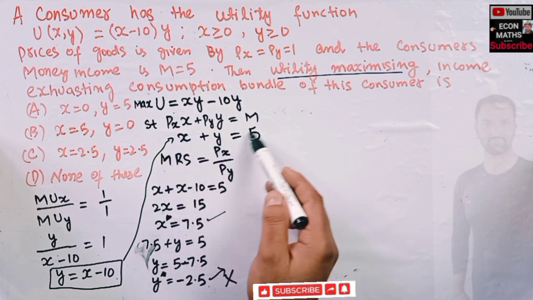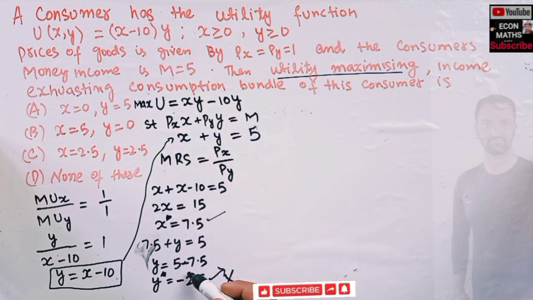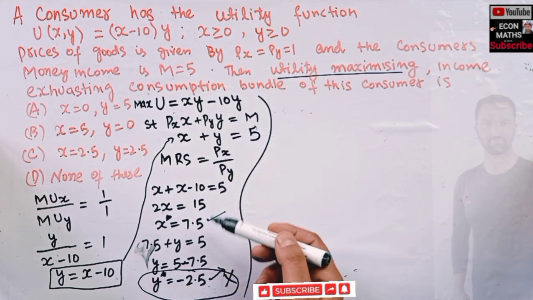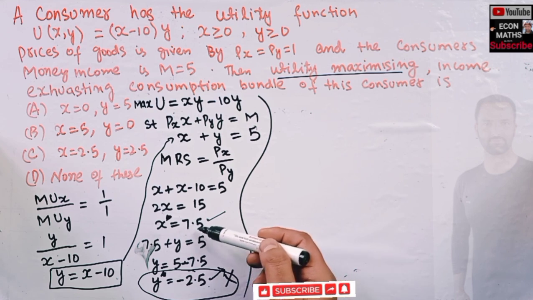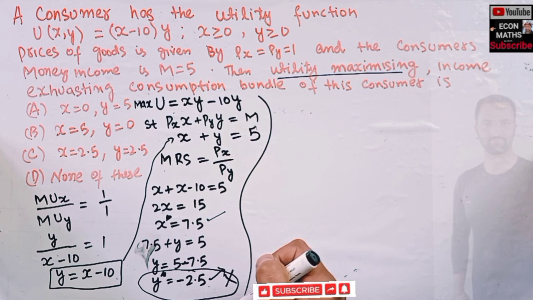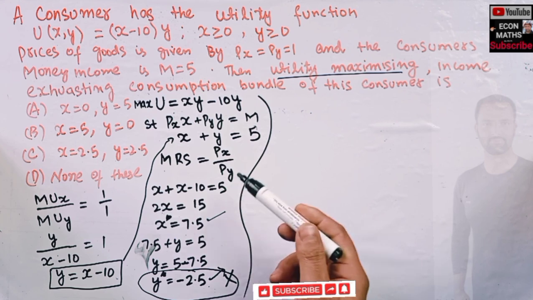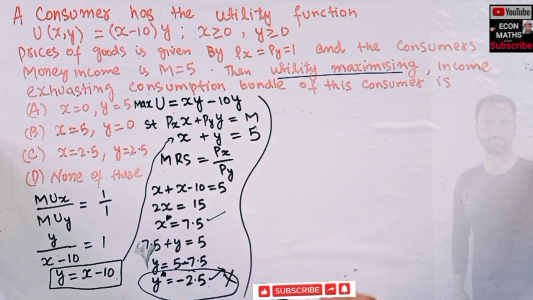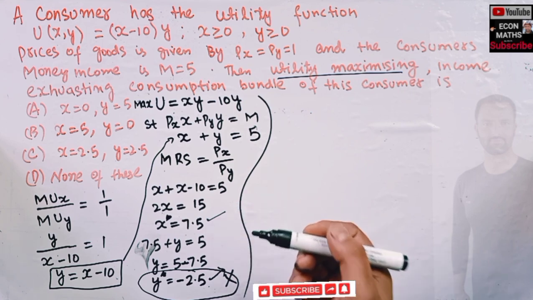Though our budget constraint is satisfied, we are consuming a negative quantity, and a negative quantity cannot be consumed. So if we solve this question like this, we cannot get the correct answer.